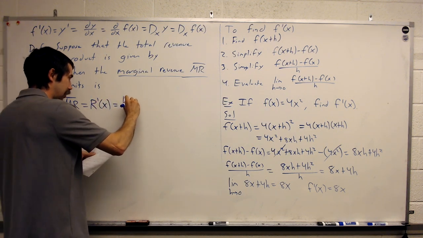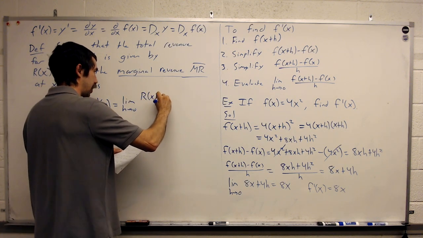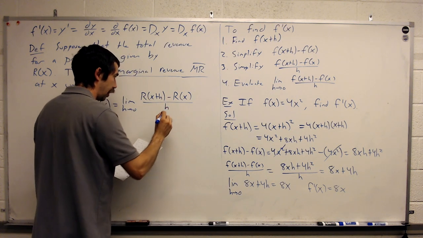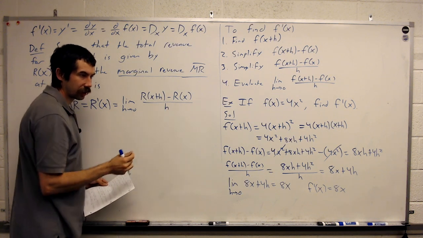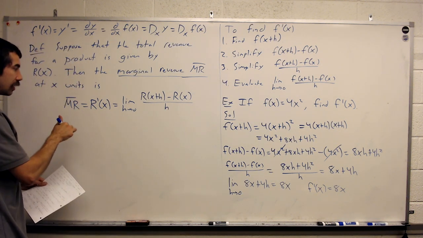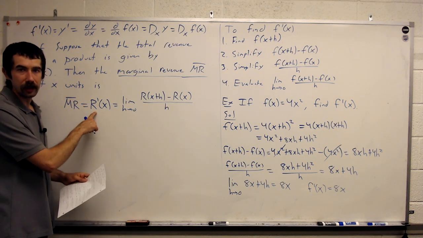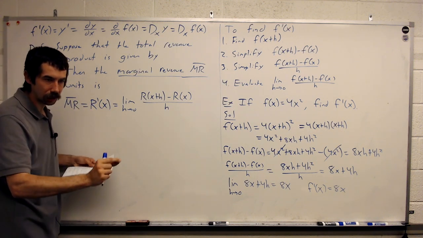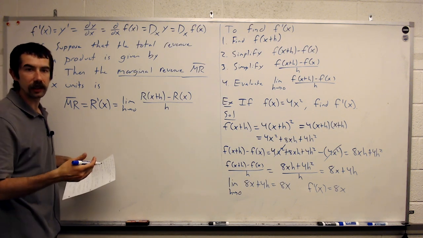It's the limit as h goes to 0 of r of x plus h minus r of x over h. It's the change in revenue for that next unit. This says that the marginal revenue is the derivative of the revenue function. The marginal cost is the derivative of the cost function. The marginal profit is the derivative of the profit function. So marginal is another way to just say the derivative.